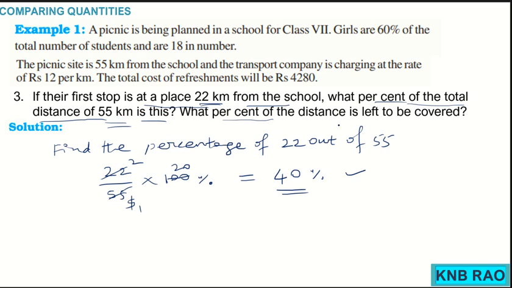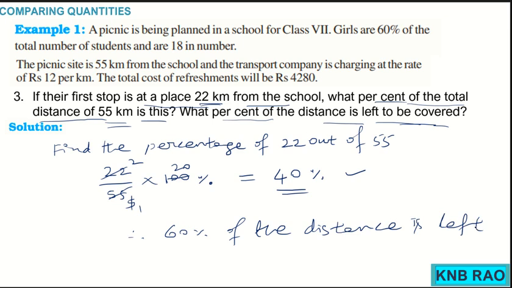Now what percent of the distance is left over to be covered? Out of 100, 40% has already been covered, therefore 60% of the distance is left to be covered.